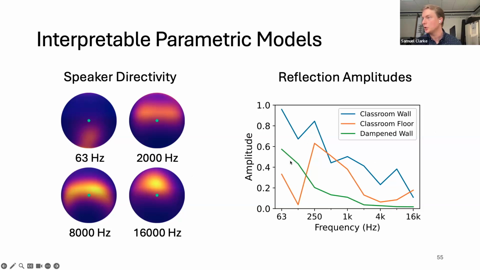I think they show some general trends, but I would be a little surprised if this specific frequency on the classroom wall was actually reflecting significantly better than this other frequency, especially on the classroom floor, where these low frequencies aren't reflecting at all. So this is further evidence of exactly what you're saying, that these parameters do have to pick up some slack in the model, and for that they suffer in their accuracy.